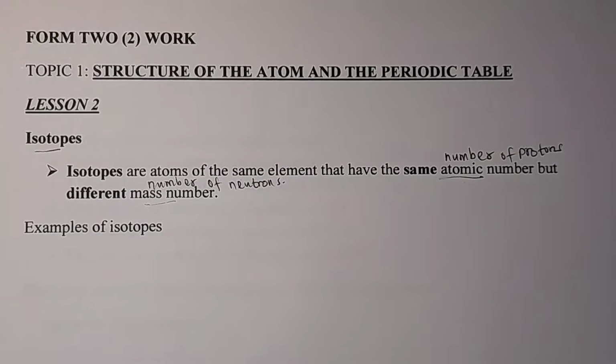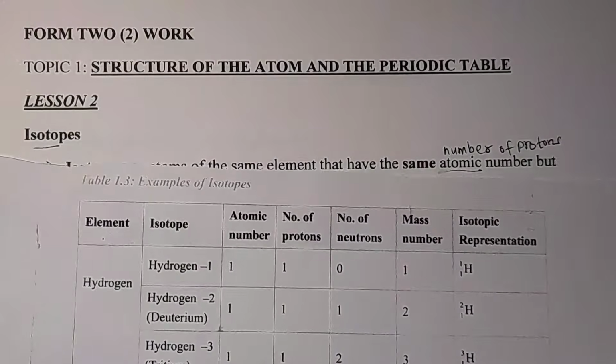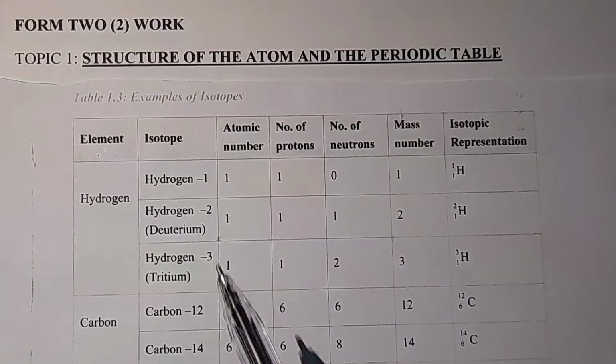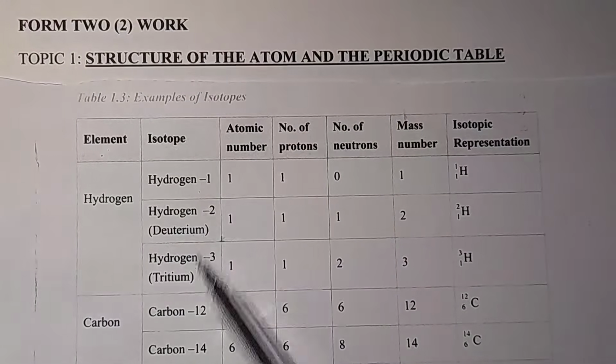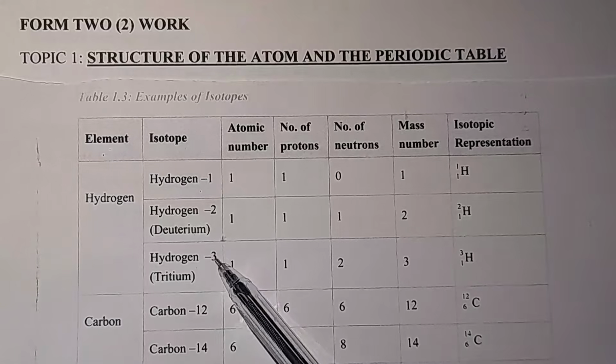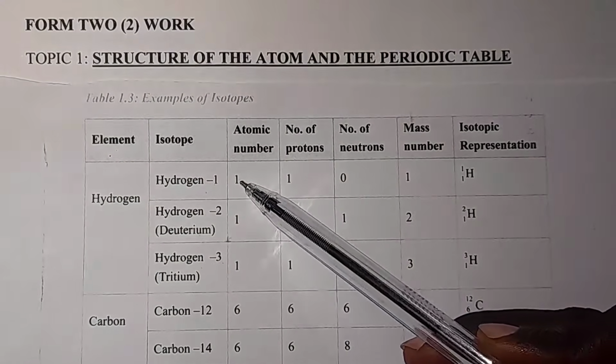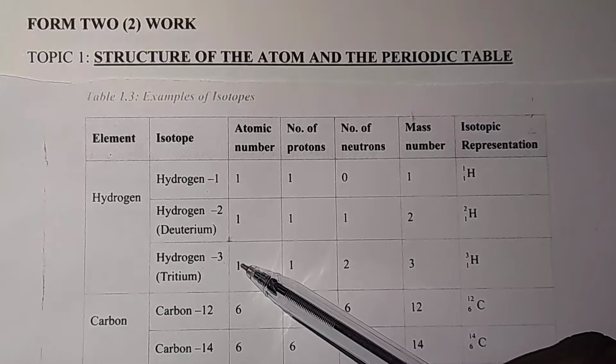Next, let us see examples of isotopes. So here they are. We have hydrogen as the element, and it has 3 isotopes: hydrogen 1, hydrogen 2, hydrogen 3. The atomic number of hydrogen is 1, 1, 1.